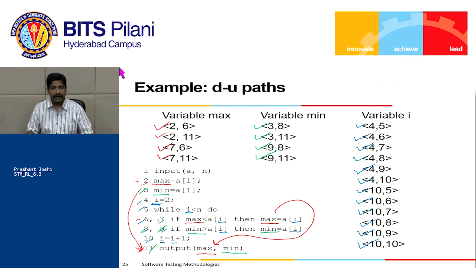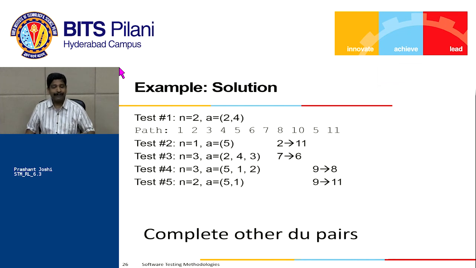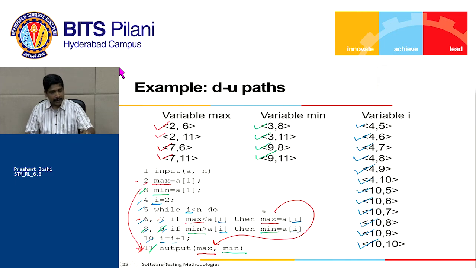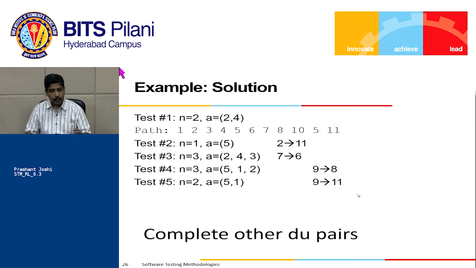The story is completed only when you have actually designed numbers as inputs, which is N and A, to actually execute those particular paths. That is, to get 2 and 6 or to get 7 and 6, what would be required?